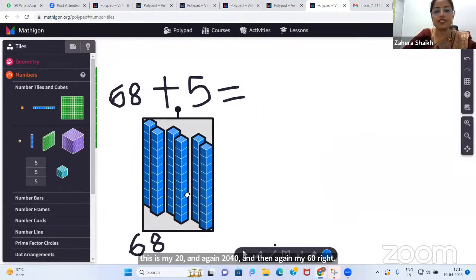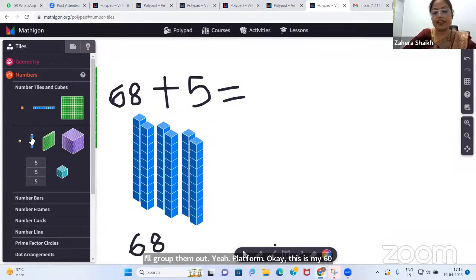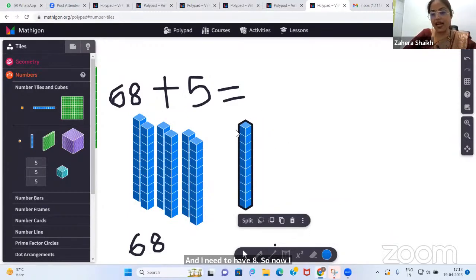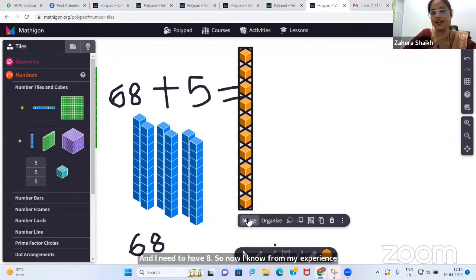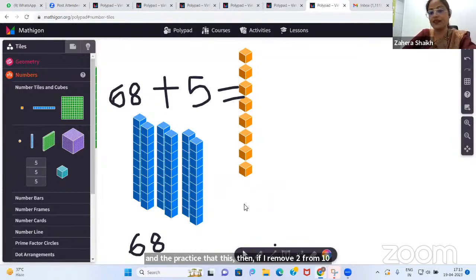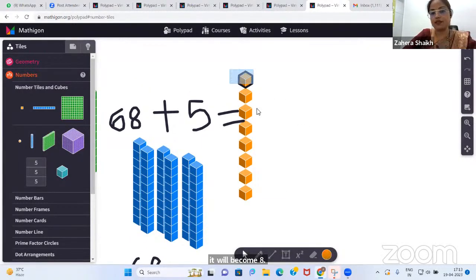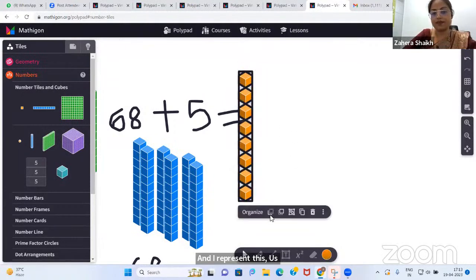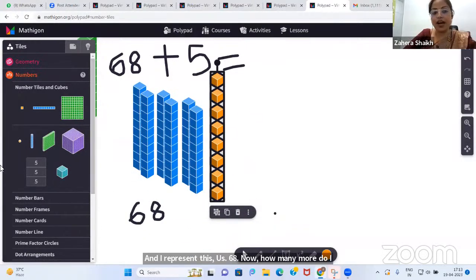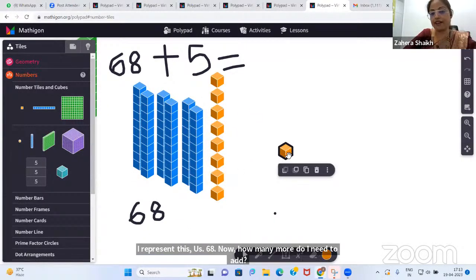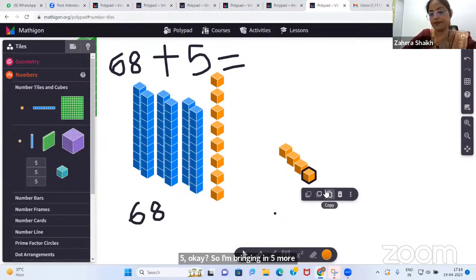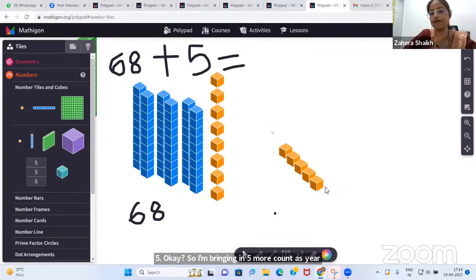Okay, this is my 60, and I need to have 8. So now I know from my experience and practice that if I remove 2 from 10, it will become 8, right? And I'll represent this as 68. Now, how many more do I need to add? 5. Okay, so I'm bringing in 5 more counters here, right? So this is my 5.